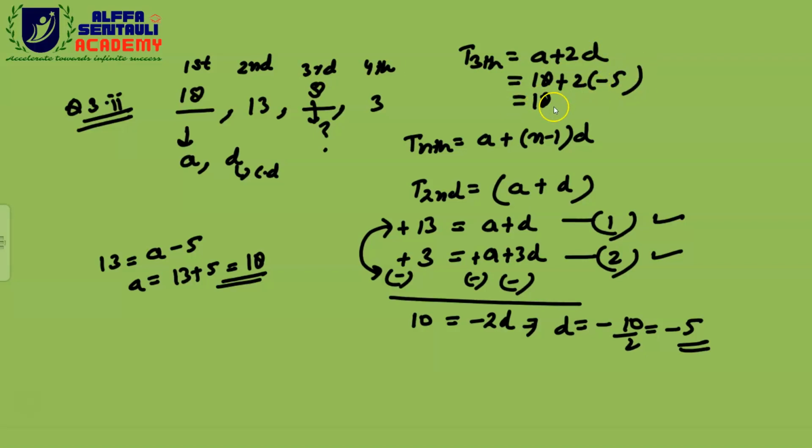So we are using A plus 3 minus 1, 2D. So we are getting the correct answer. 18 minus 10 is plus 8, correct? And plus 8 we have also got from the guessing. So the answer is correct, right?